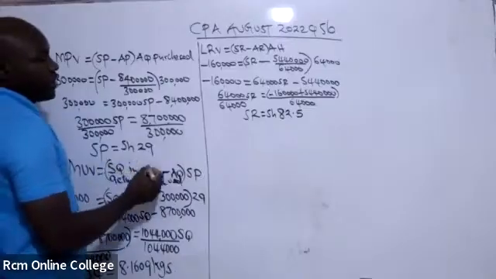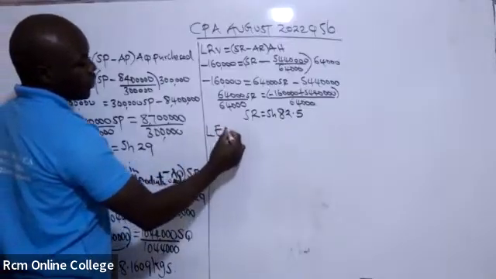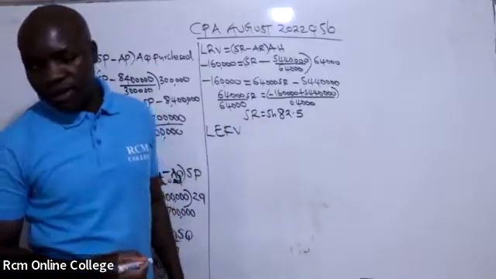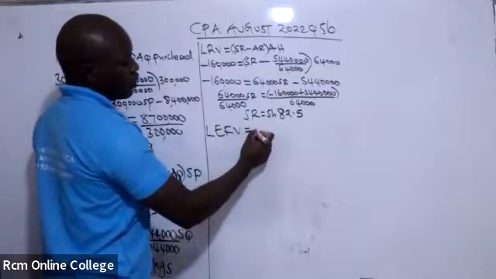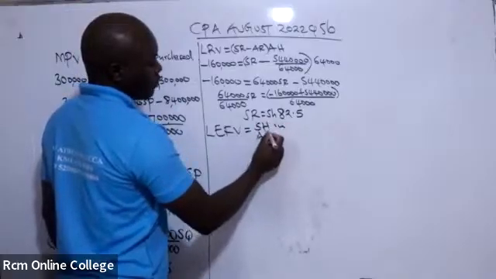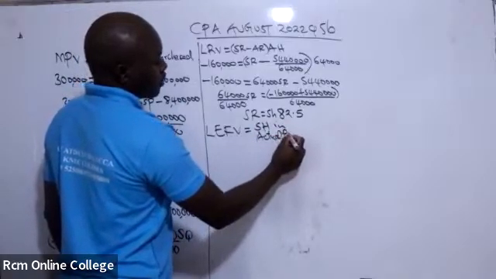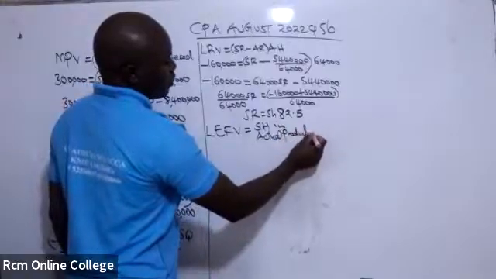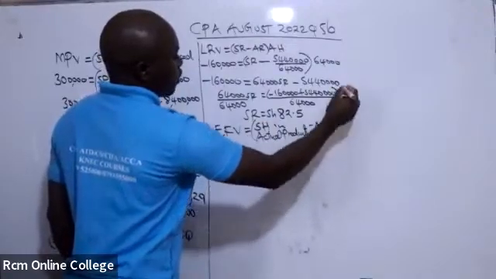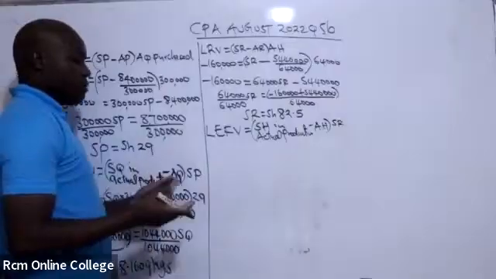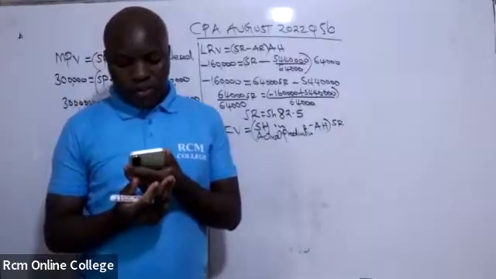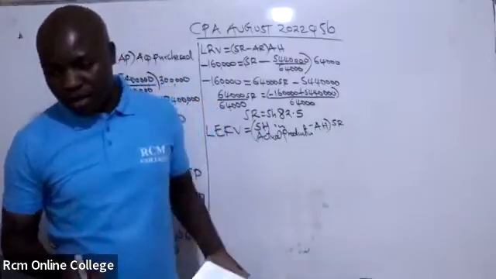Very important. The next thing is labor efficiency variance. Labor efficiency variance is equal to standard hours in actual production minus actual hours, multiplied by the standard labor rate. Do we have the labor efficiency variance given to us? Yes. It is 320,000 favorable, right?